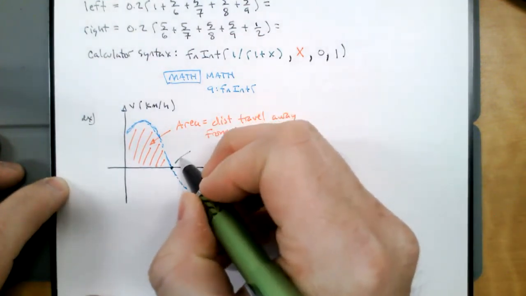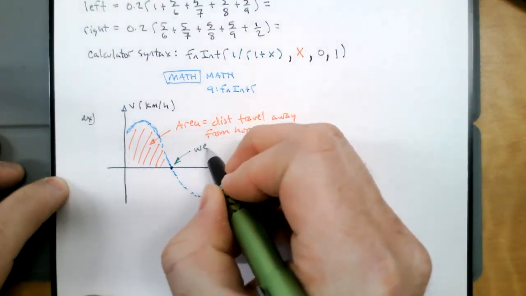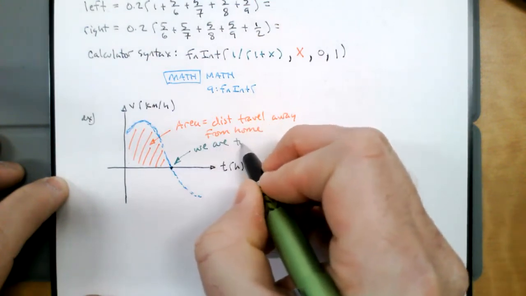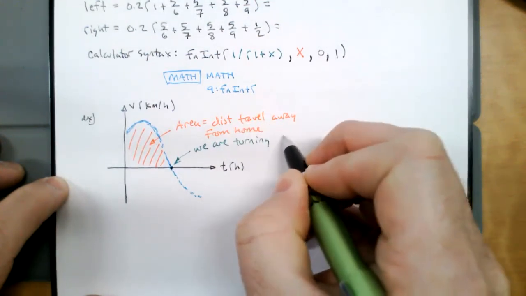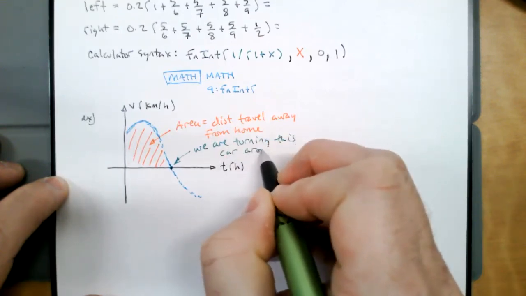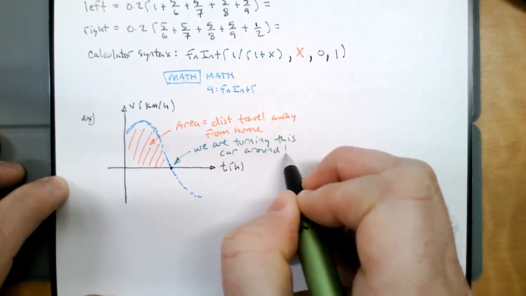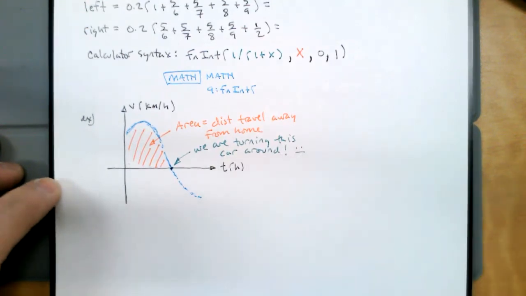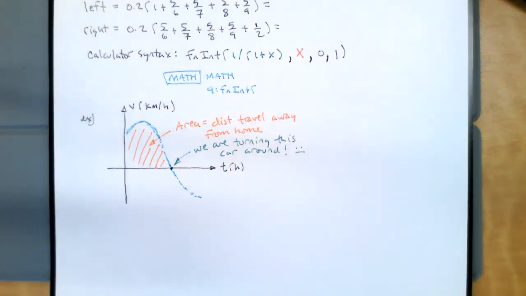We are turning this car around. And then negative velocities, we're returning, heading back towards home.